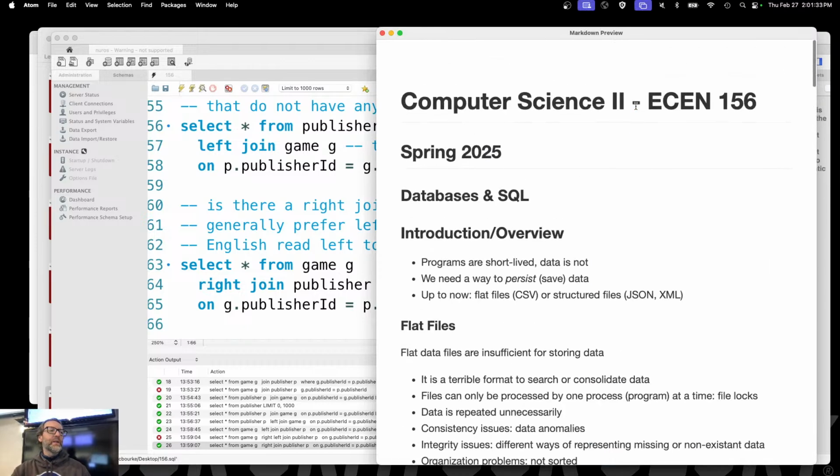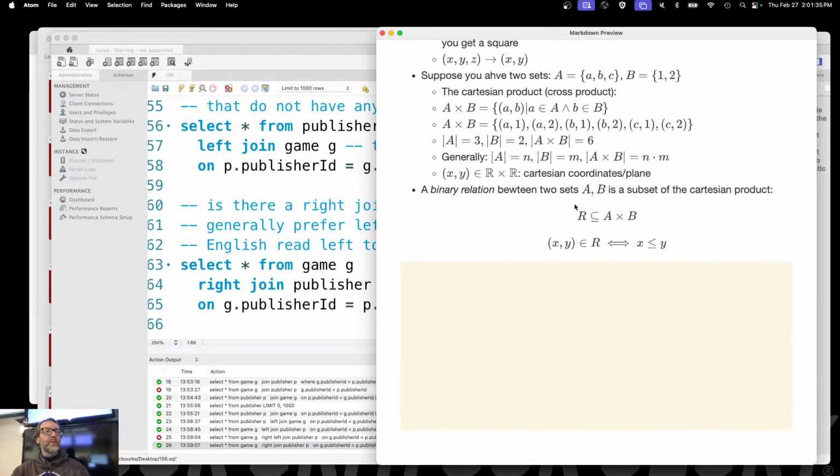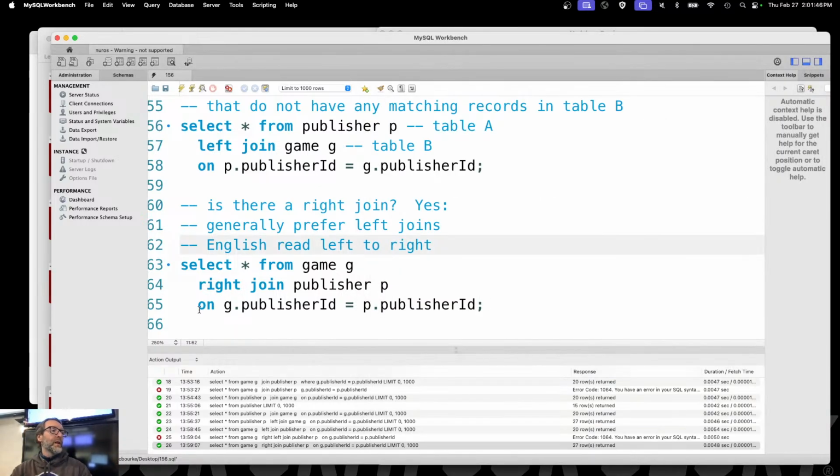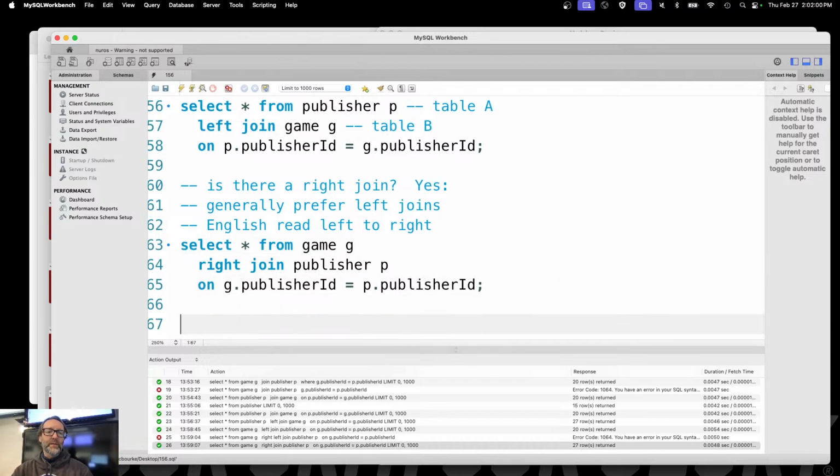It's because it's nothing more than him taking a couple 100-year-old math and writing programs around that mathematical idea of taking a Cartesian product of two tables and then providing a relation. This is the relation. Instead of x is less than or equal to y, it's that this value has to equal that value over there. And it's all relations, okay?